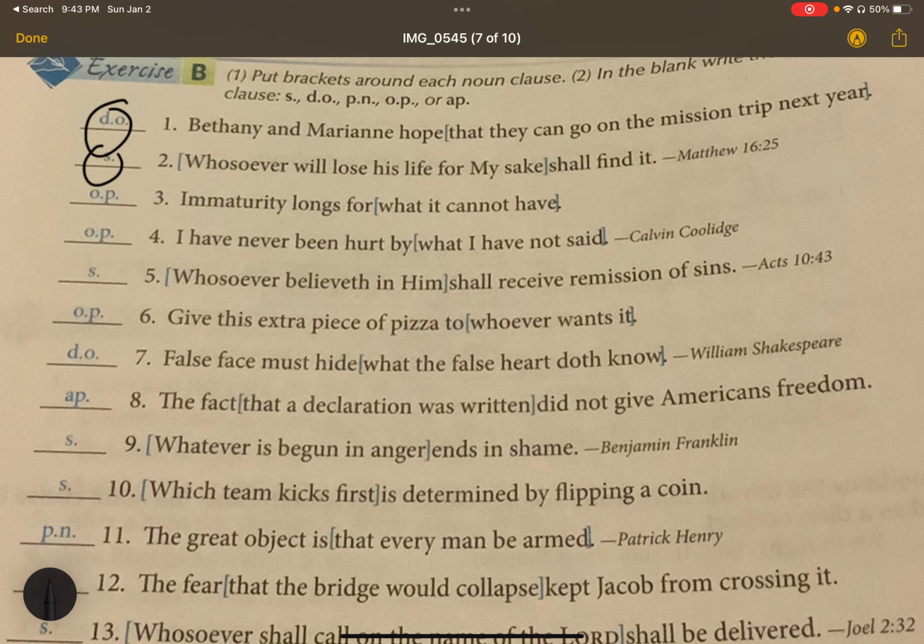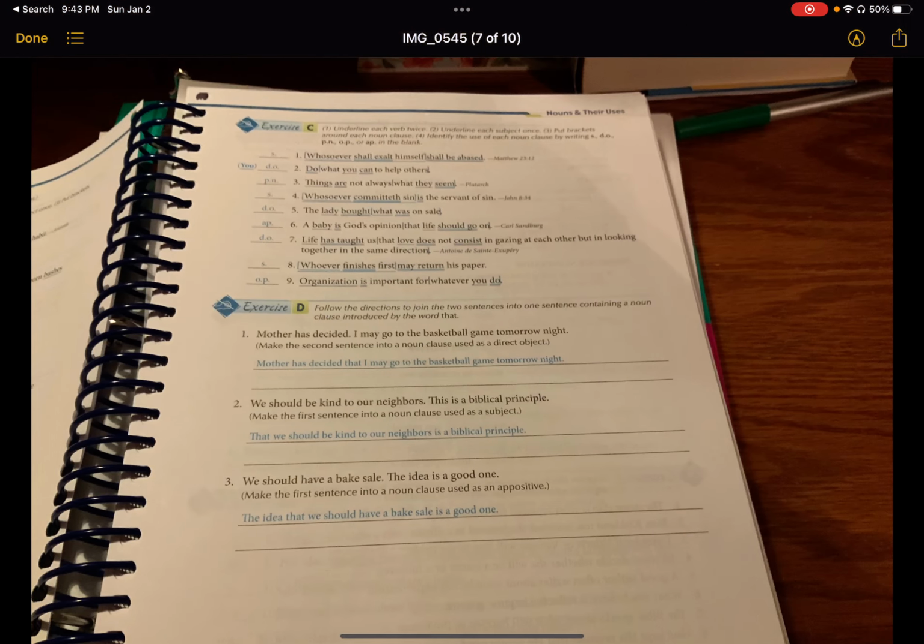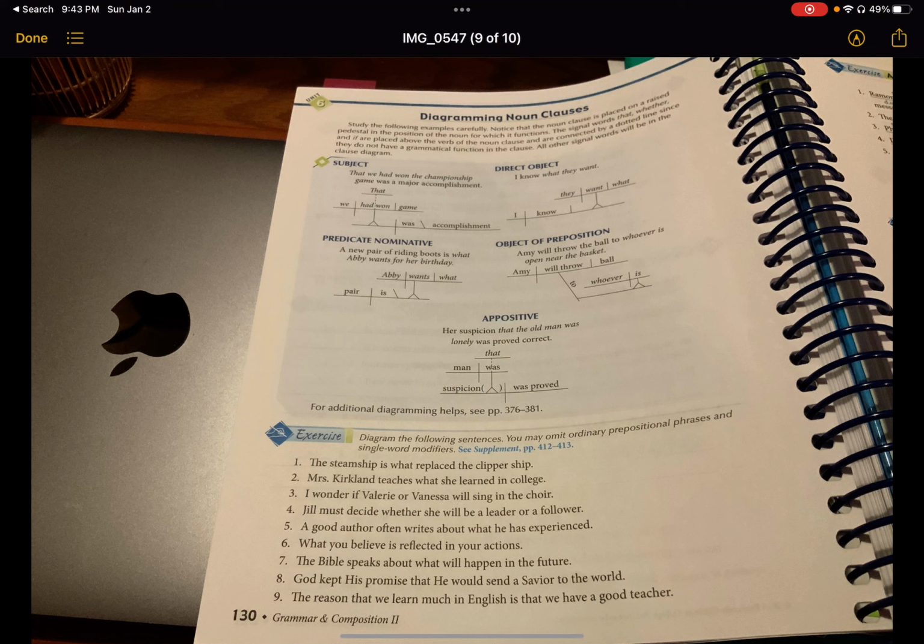Over on the left, you put what part of the sentence the noun clause is acting as. And you're going to do all the ones on the next page as well. You have to diagram some noun clauses. Again, you may do odds only on that.